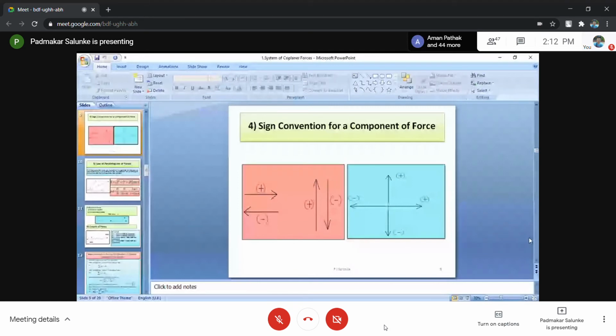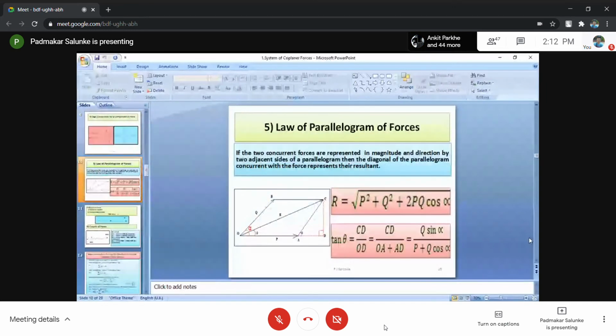Then yesterday you saw the law of parallelogram of forces. If two concurrent forces are represented in magnitude and direction by two adjacent sides of a parallelogram, then the diagonal of the parallelogram concurrent with the forces represents their resultant.